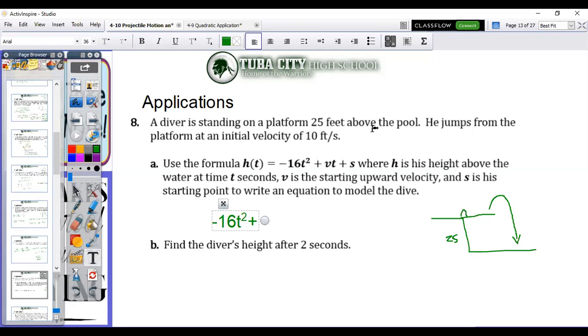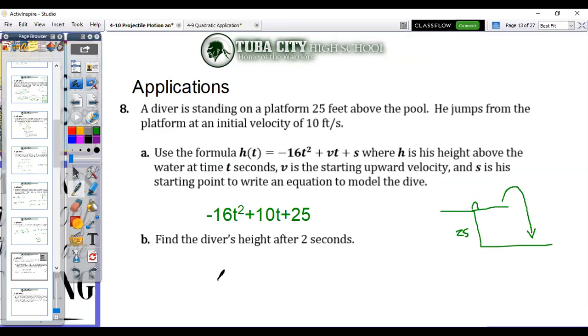We account for his velocity, which is 10 feet per second. And he starts above the water, the surface of the water, at 25 feet. So that was actually a very easy kind of question. And it's a good thing, because I did talk about this earlier, so I didn't have to explain so much when we got to this last slide.